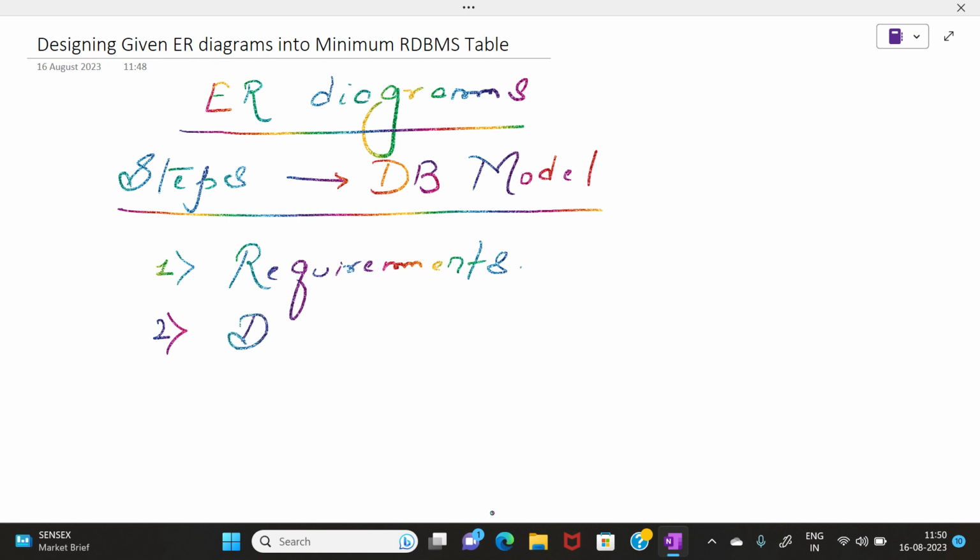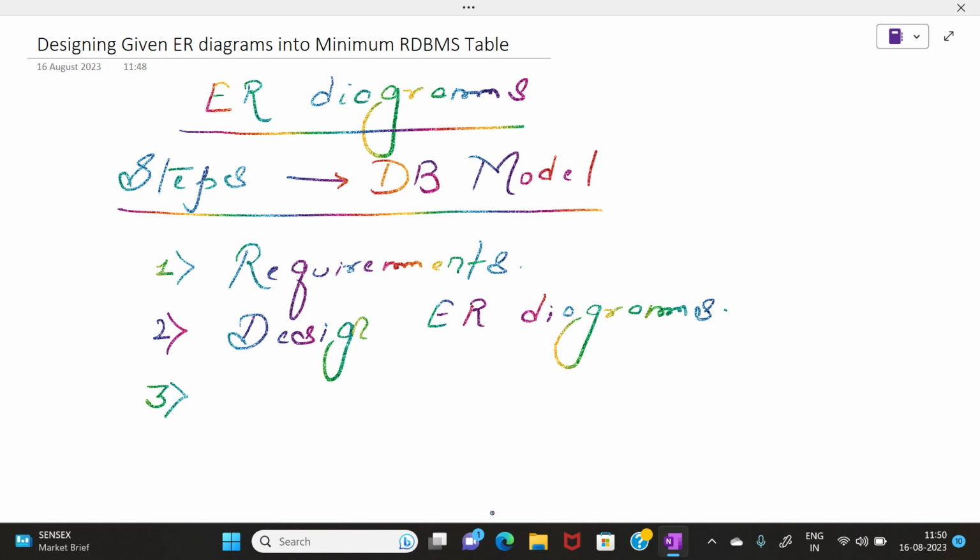Based on that, we are going to design the ER diagram. We have seen a lot about ER diagrams, their components, the constraints, the participation constraints, the cardinality constraints, how they affect the candidate key, and the relationship diagrams. We have already seen those in the previous video. If you haven't watched them, please go ahead and watch those videos.